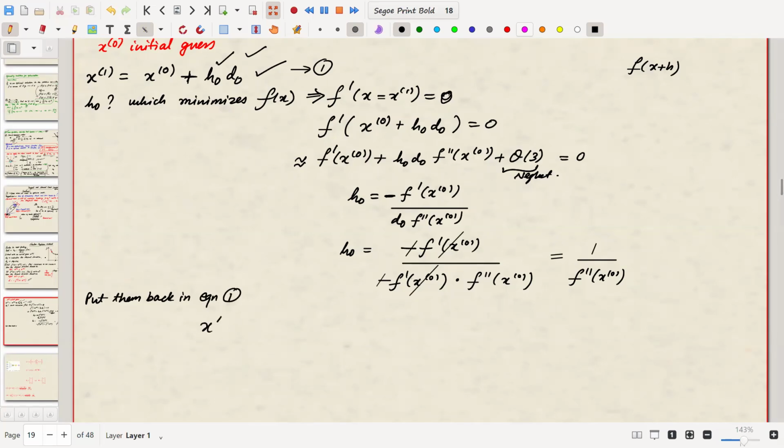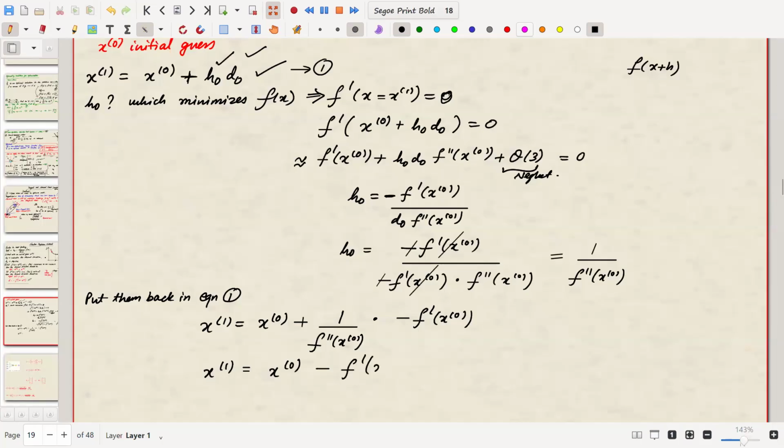So what are you getting? x1 equals x0 plus h0, which is 1 by f double prime x0, times d0. What is d naught? Yes, minus f prime x0. Can we write it a better way? x1 equals x0 minus f prime at x0 divided by f double prime at x0. Is it okay? It's okay.